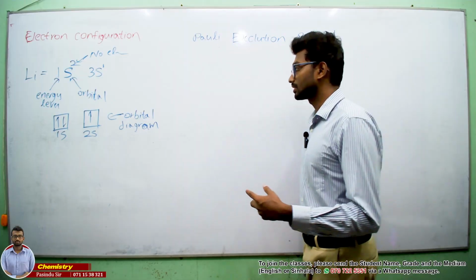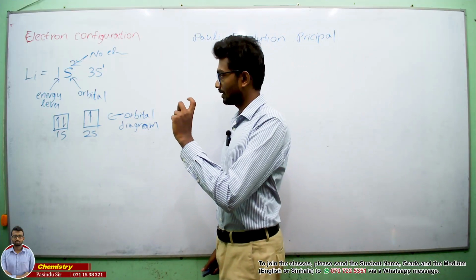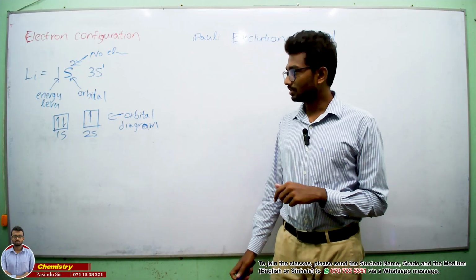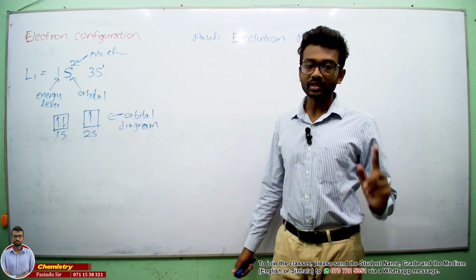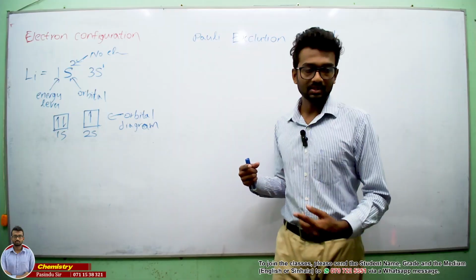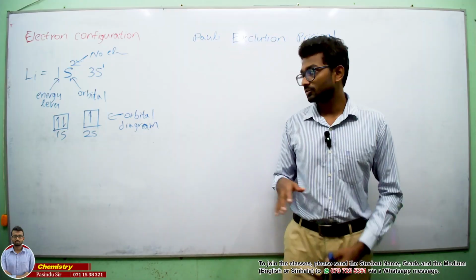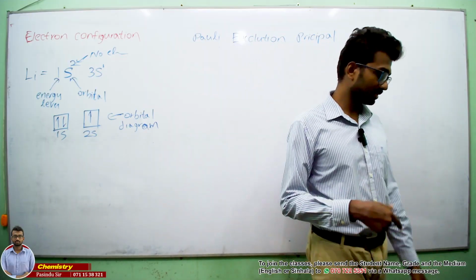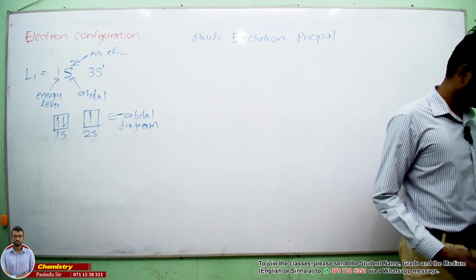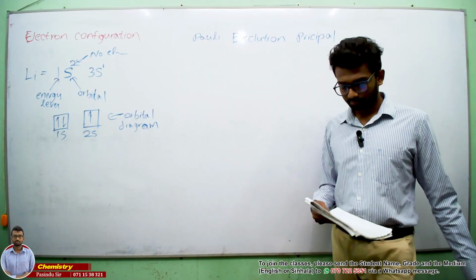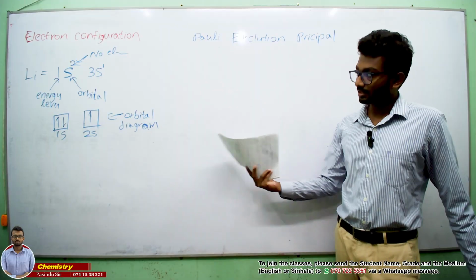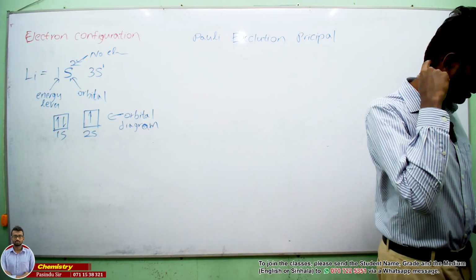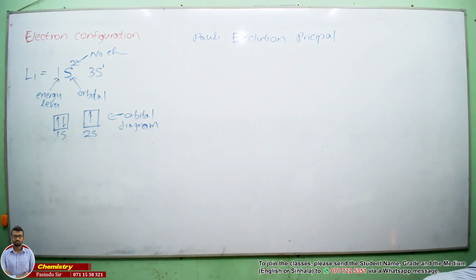When two electrons exist in one orbital, they should rotate oppositely, in opposite directions. That's the basic idea, nothing else. And it says one orbital can hold only two electrons also.